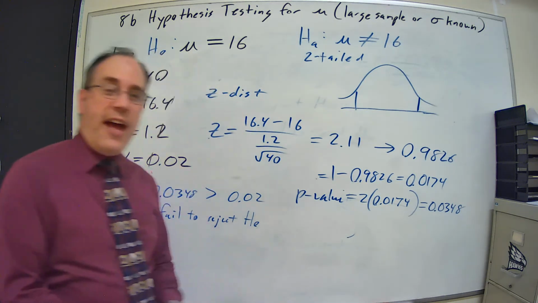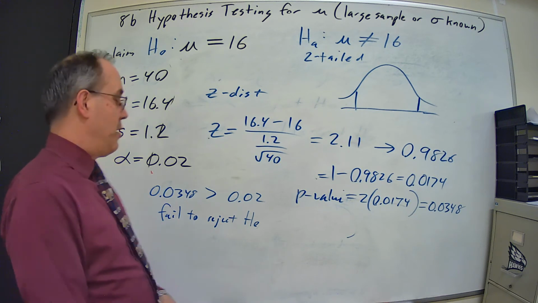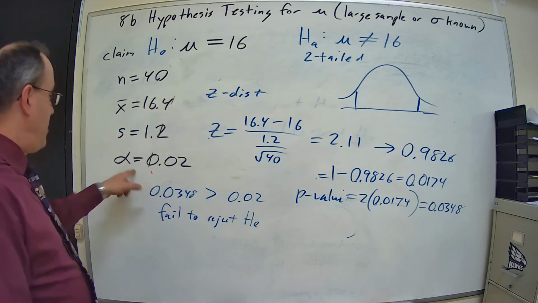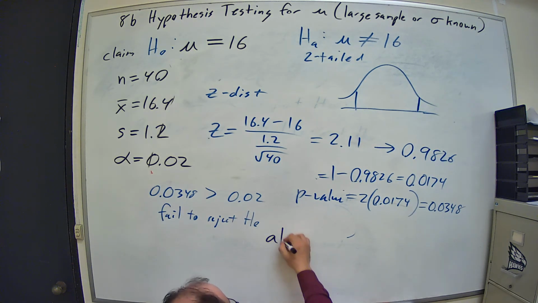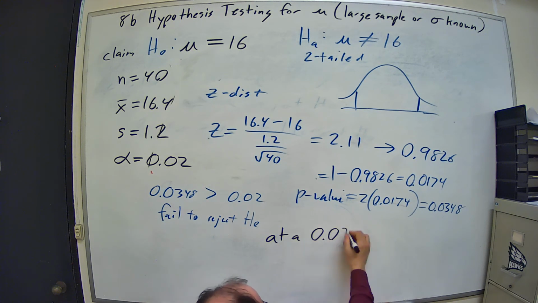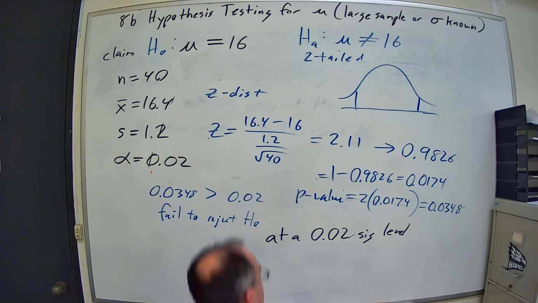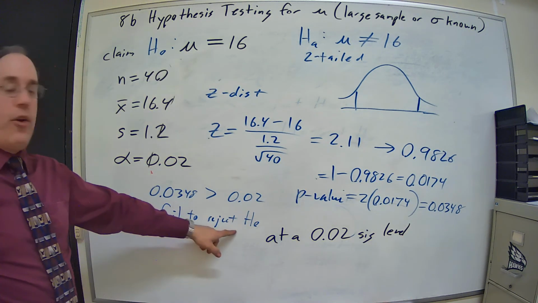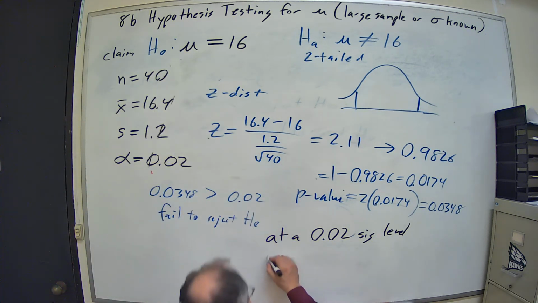And once we have that, we can make our final statement about the claim. And again, we pull the pieces in, always start at the significance level. At a 0.02 significance level, we failed to reject the null hypothesis, so there is not sufficient evidence.